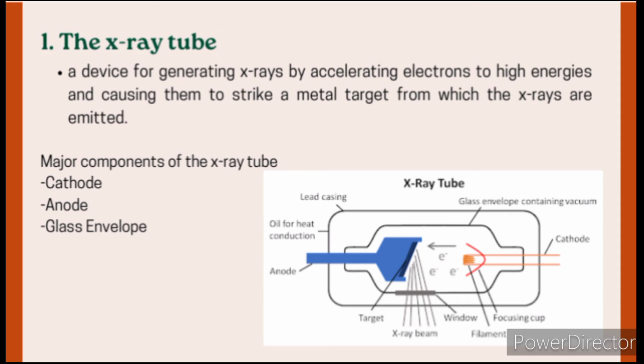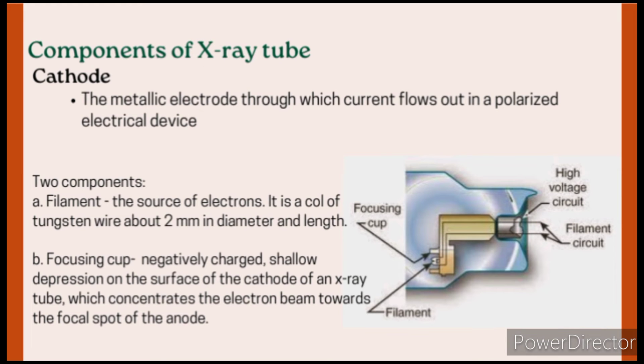Major components of X-ray tube. We have cathode, anode, and glass envelope. Cathode. Cathode is a metallic electrode through which current flows out in a polarized electrical device. We have two components of cathode: filament and focusing cap. Filament is a source of electrons.